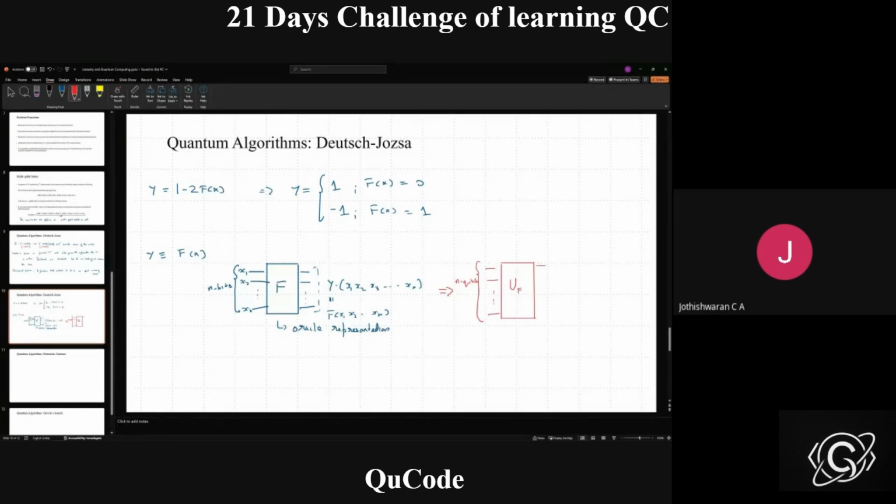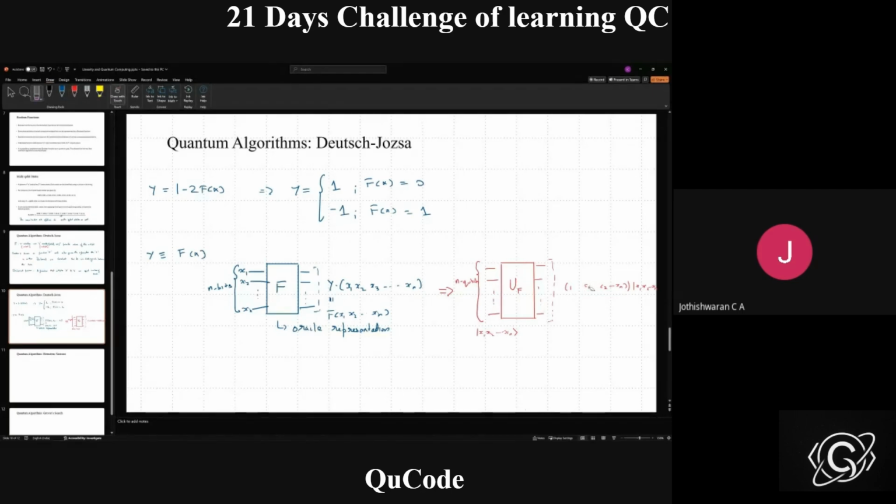So let me say the state of these n qubits is given by ket x1, x2, all the way till xn. Then what I shall get is this quantity. The output is going to be 1 minus 2 f of x1, x2, xn, multiplied by ket x1, x2 till xn.